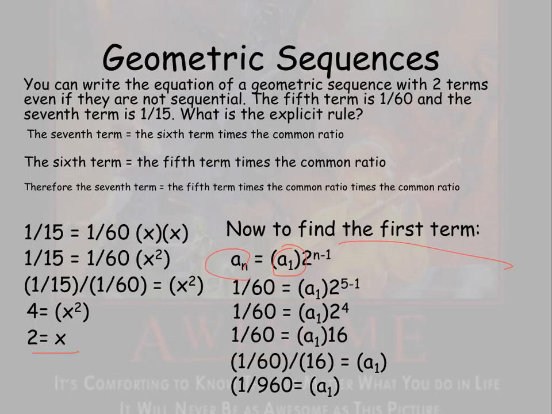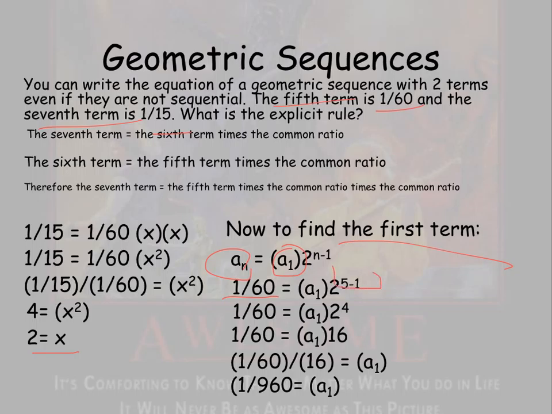So if you have any term is equal to a sub 1 times 2, that common ratio, to the n minus 1. Well, let's just plug in some stuff. So we have the fifth term is 1/60. We could have done the same thing with the seventh term and 1/15th, but 1/60 is equal to the fifth term.